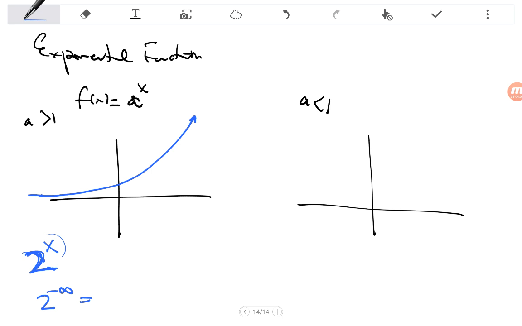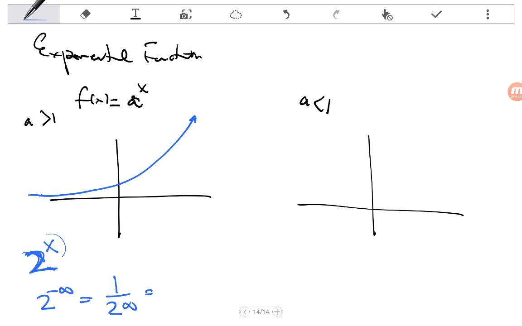It is exactly 1 over 2 power infinity. What is 2 power infinity? When I say a big number or a great number, it is just greater than 1. Any number greater than 1, I call a great number. A small number is just less than 1.